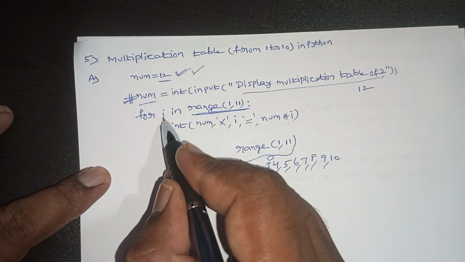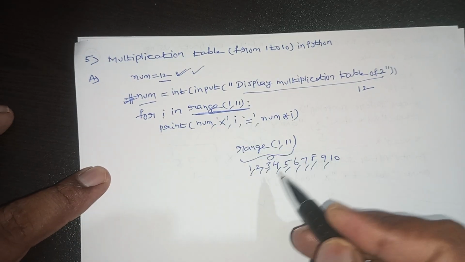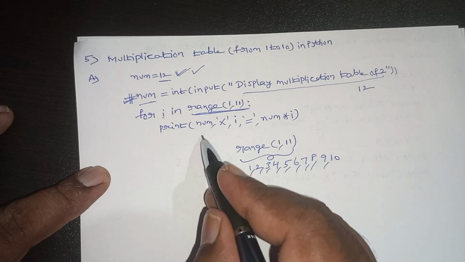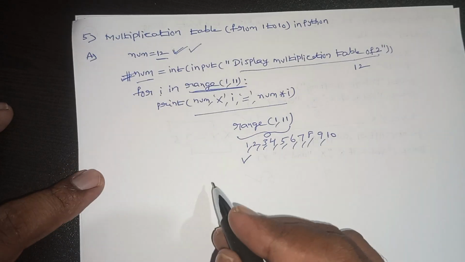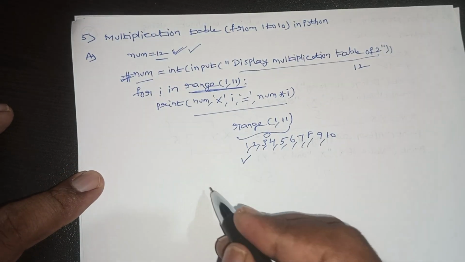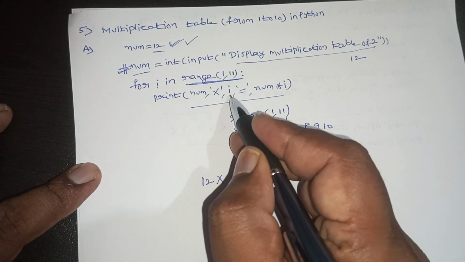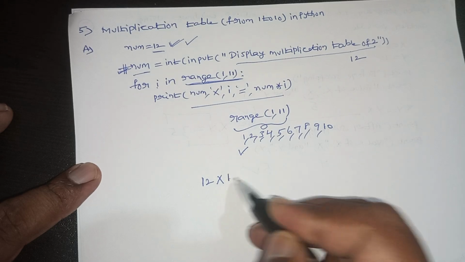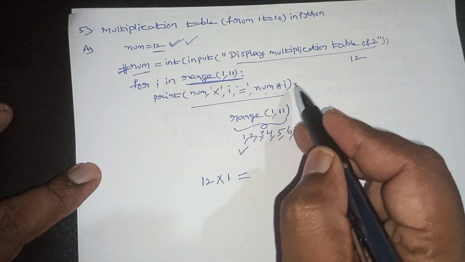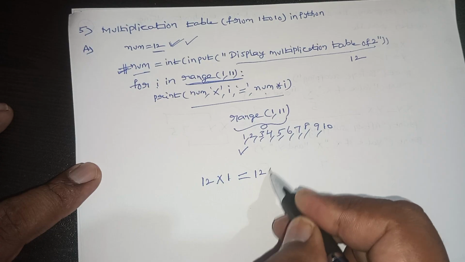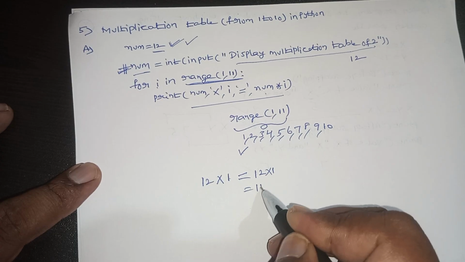Now for i equal to 1, what will happen? I am writing this here: simply num into i, it is the into symbol. What is i? First time 1, which is equal to num into i, 12 into 1, which is equal to 12.